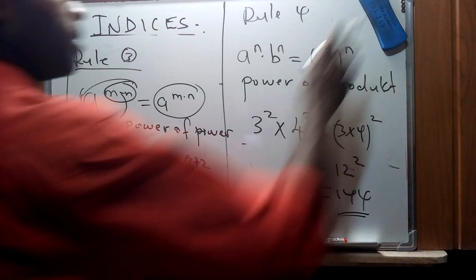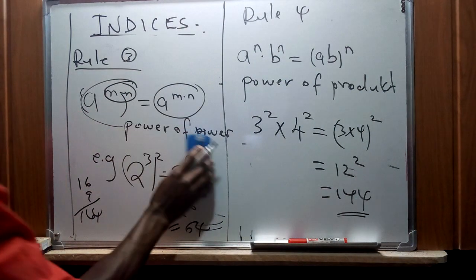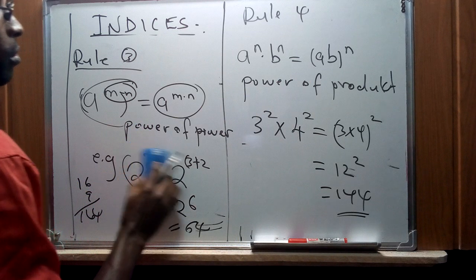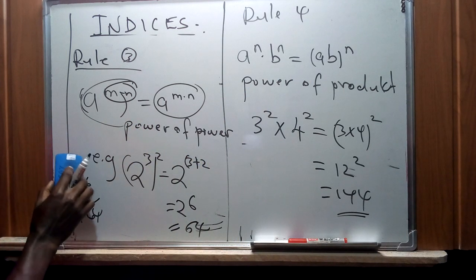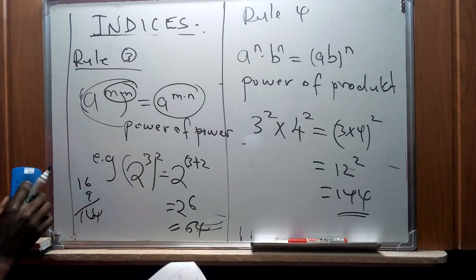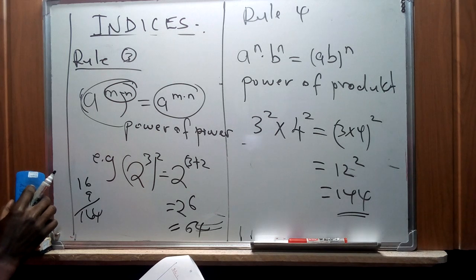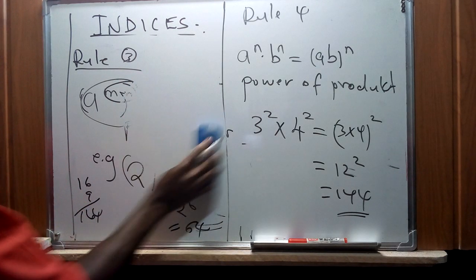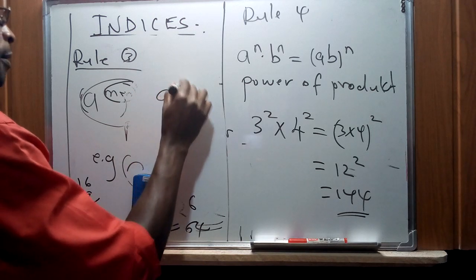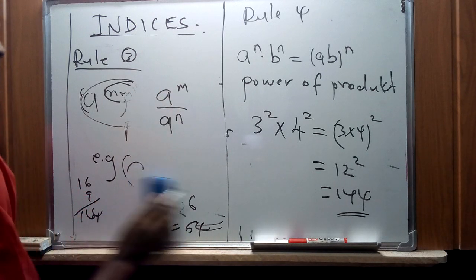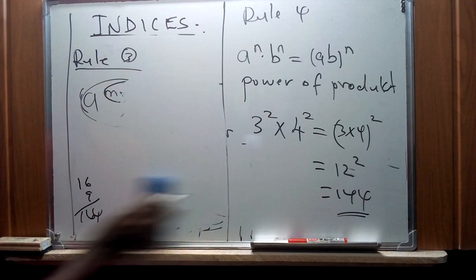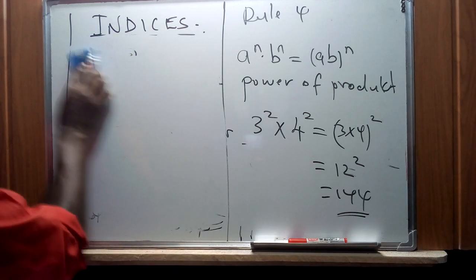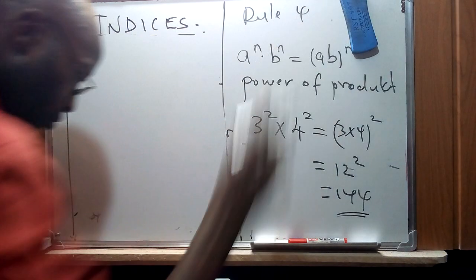Suppose we have a power of a quotient. We have stated the quotient rule as a raised to power m divided by a raised to power n. Now, suppose we have a quotient that has been raised to a power, how can we treat that?